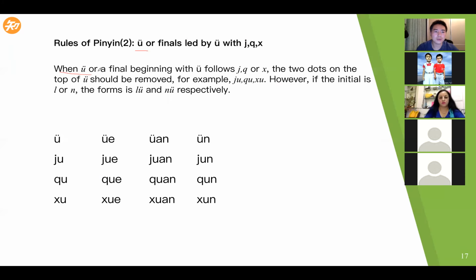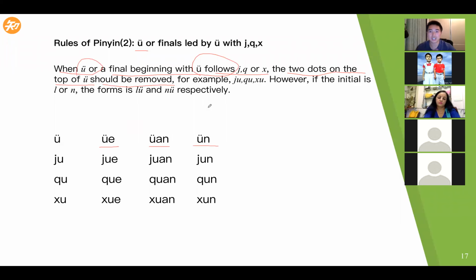So when yu or a final beginning with yu, do you remember the finals beginning with yu? Maybe you don't. So here they are. This one, and this one. They are the finals beginning with yu. When this follows ji, qi, or xi, the two dots on the top of yu should be removed.